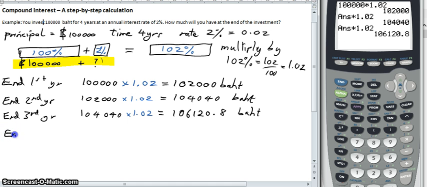So by the end of the fourth year, well, I'm starting with 106,120.8 baht, and I am going to increase it by 2%.